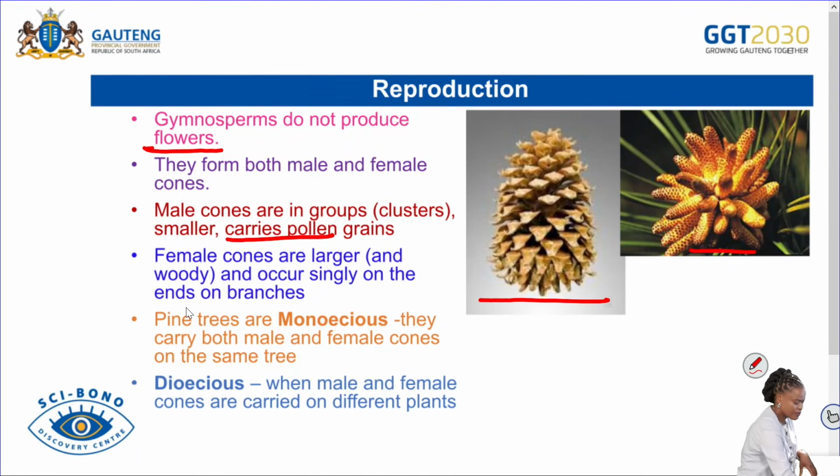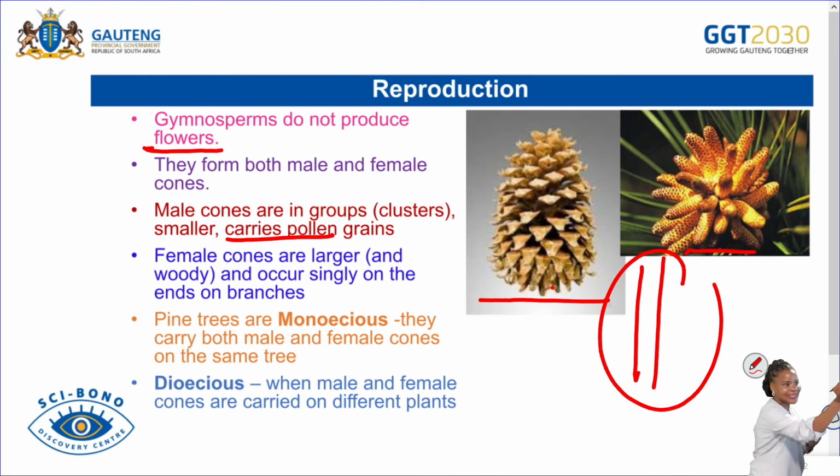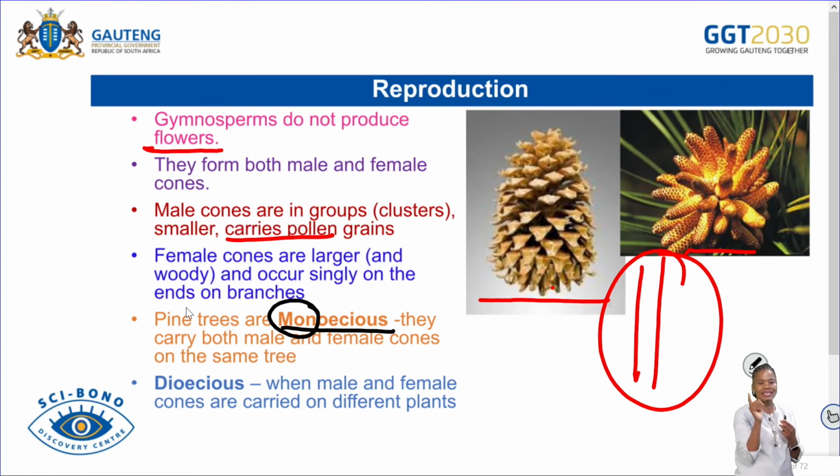So this is an example of a cone. So what is happening with the cones is that both male cone and female cone are developing in one tree. So if they are developing in one tree, we are saying that the pine trees are monoecious. Mono means one. In other words, in one plant we get two cones. We get the male cone as well as the female cone.